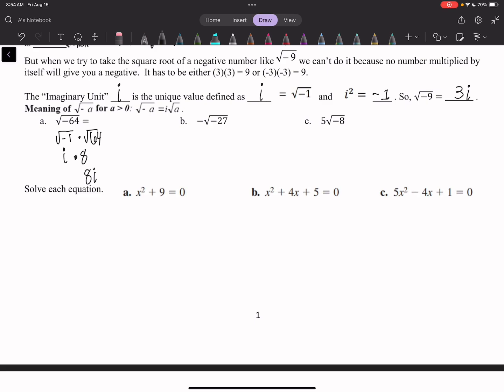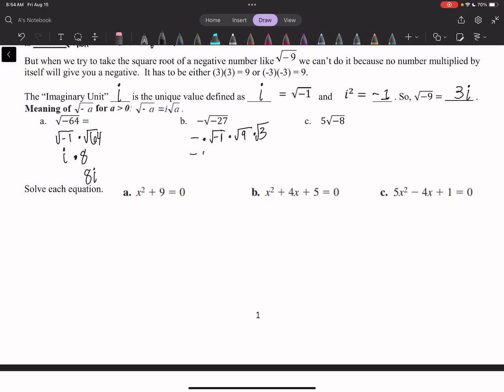All right, for B, I'm going to do negative times the square root of negative 1 times the square root of 9 times 3. I have the square root of 9 times the square root of 3 to simplify the square root of 27.